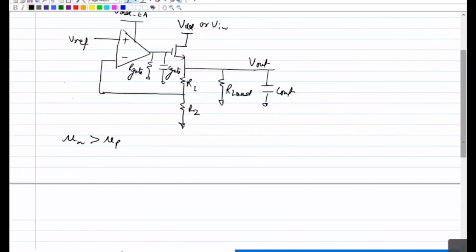Can we achieve the same thing here? Let's say if my input is 1.2 volt, can I regulate the output at 1 volt if I have an NMOS? Can anybody tell? No, sir, because we have to drop some VTH across an NMOS. Yeah, correct.